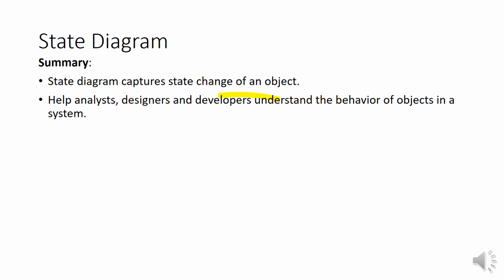You can show a subsystem behavior with the help of a state diagram, or you can use a state diagram to show behavior of the system as a whole. It helps analysts, designers and developers understand the behavior of objects in a system. So this is the end of today's lecture. Thank you.